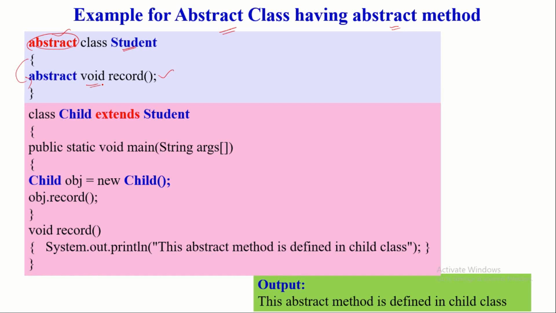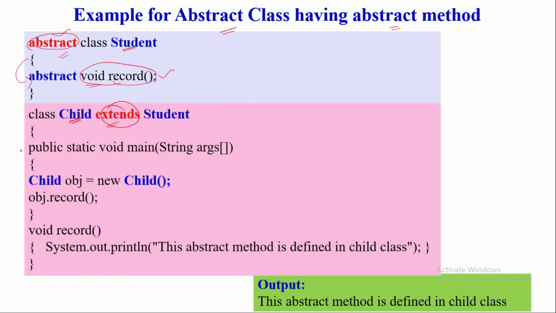Since the abstract method is included, its derived class named child has to provide the definition for this abstract method. The derived class named child inherits the properties of the base class, which is declared as abstract, by using the keyword extends. So the extends keyword is used for inheriting the properties of the base class into the child class, right? Using extends, it inherits the properties of the student class.